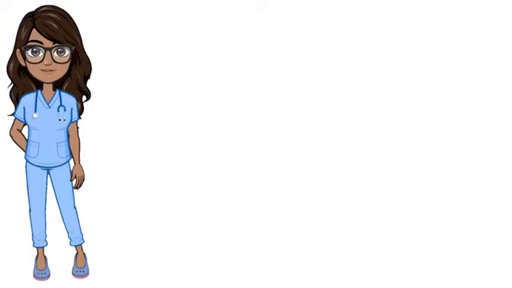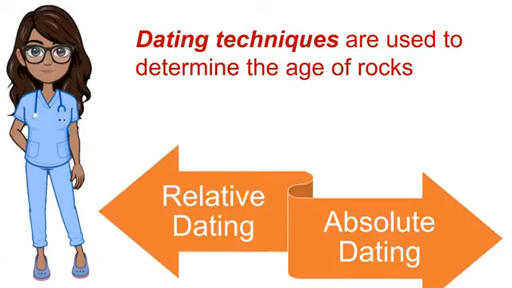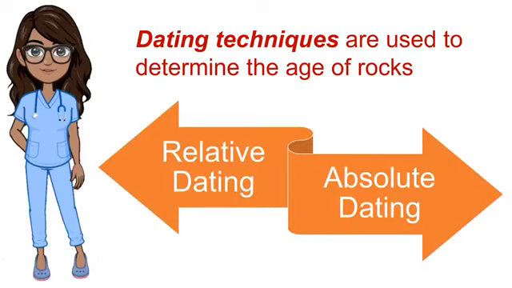Dating techniques are used by scientists in the field of geology to determine the age of rocks. When geologists date rocks, they are determining how long ago they formed. The geologists establish the age of rocks in two ways: relative and absolute dating.